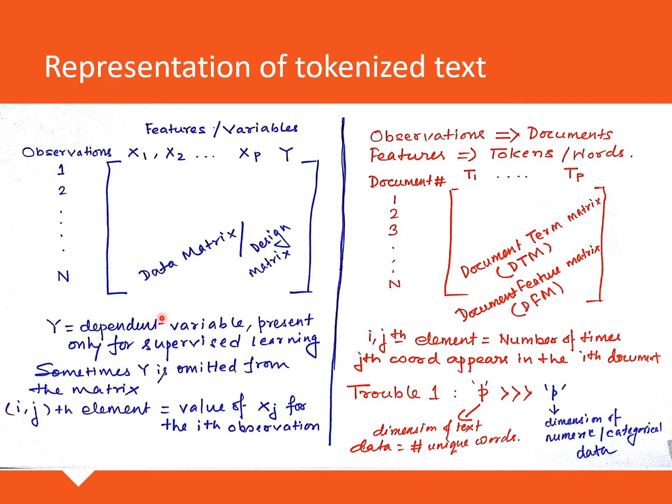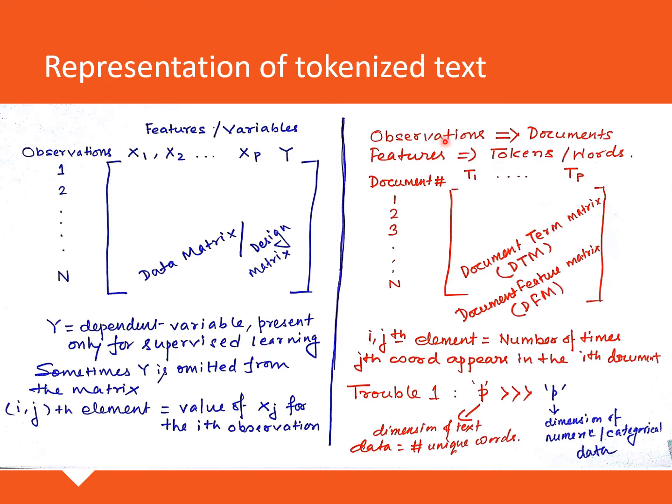We will aim to represent text data in a structure similar to what we see on the left hand side, because this is a familiar structure for us. Anything that we can represent in this structure, we know we can work with for implementing all our data science algorithms. So our target will be to represent text data somehow in this structure.